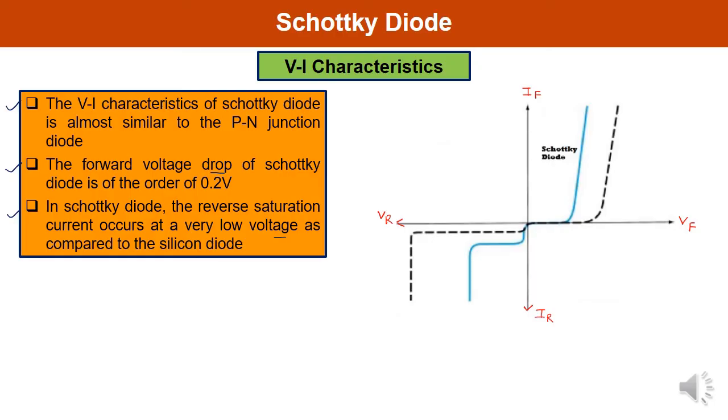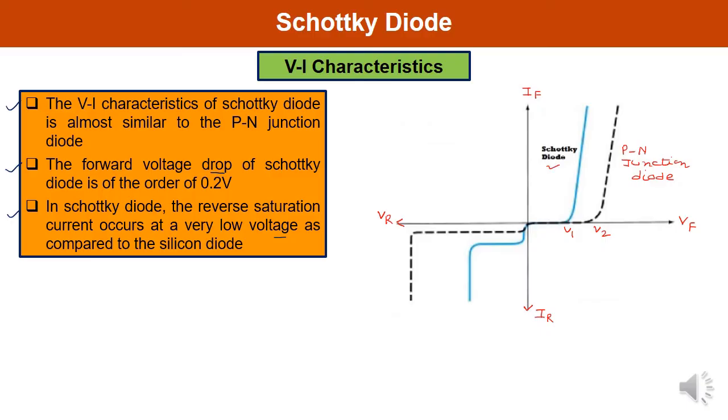So the characteristic of Schottky diode, as I have told you, is quite similar to the PN junction diode. You can see in the forward bias, the cut-in voltage for the Schottky diode is less. If I say this is V1, then this is V2, and this dotted curve is for the PN junction diode, and the blue one is for the Schottky diode.